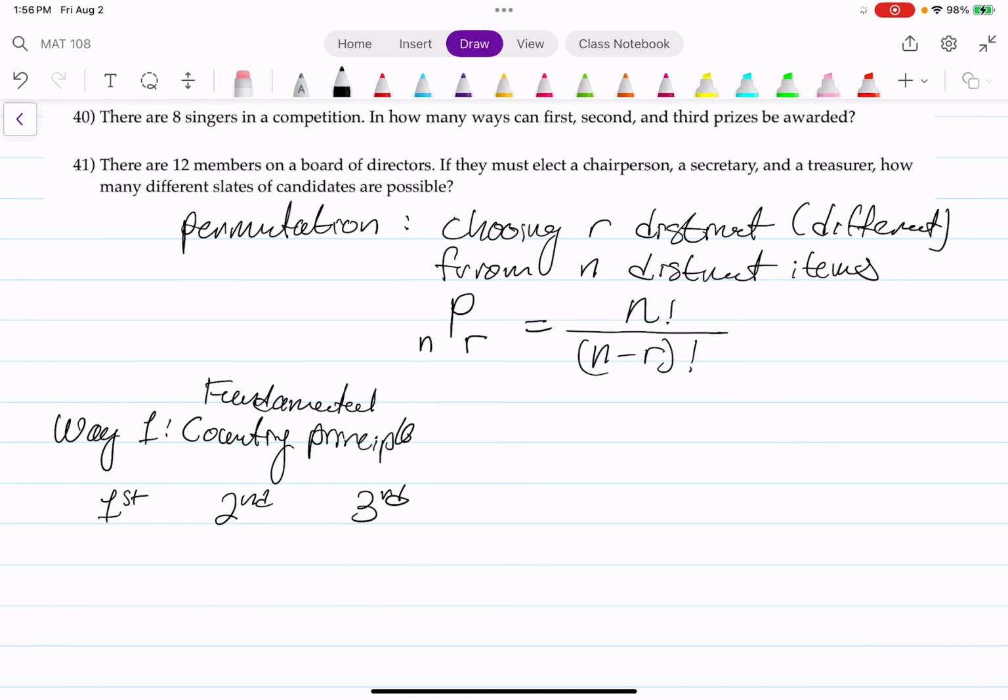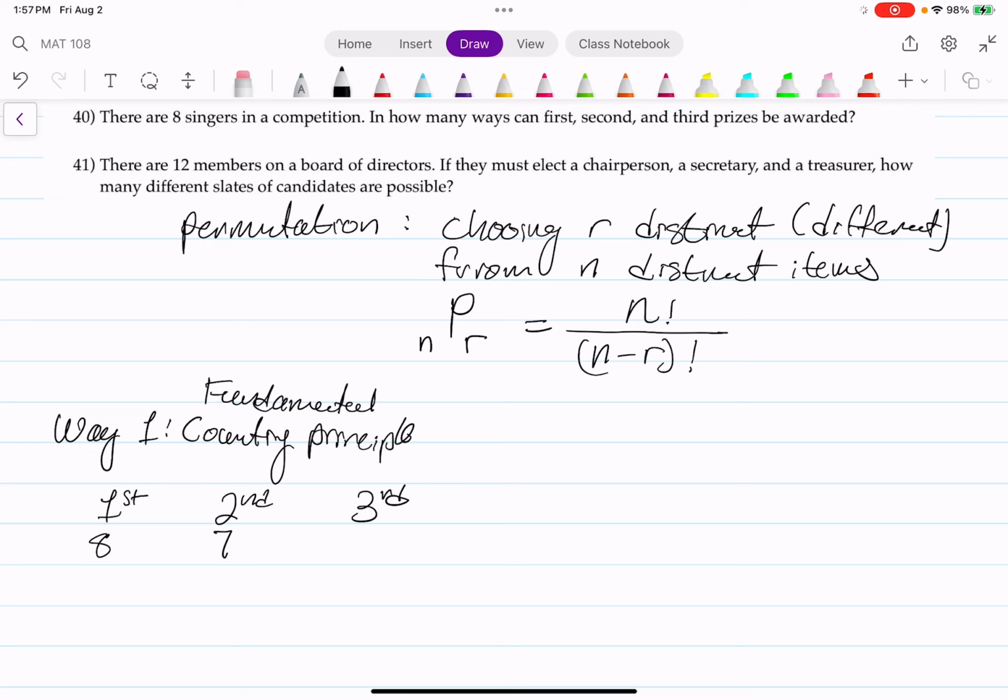If you win the first prize, that means you do not win the second prize or the third prize, because once you're a winner, that is it. You are selected. You have been removed. So there are 8 eligible singers for first place. 1 singer gets first place. That means there are 7 eligible for second place. Out of the 7 that are eligible for second place, 1 is chosen.